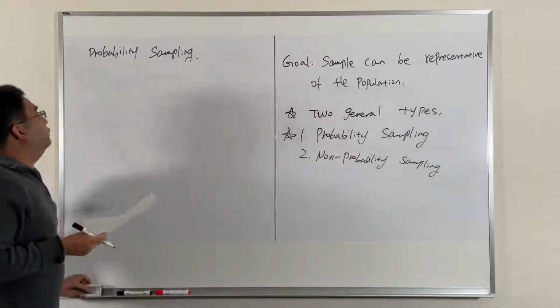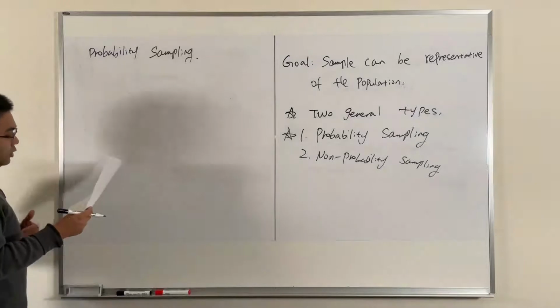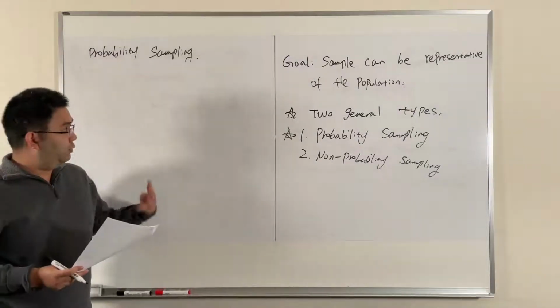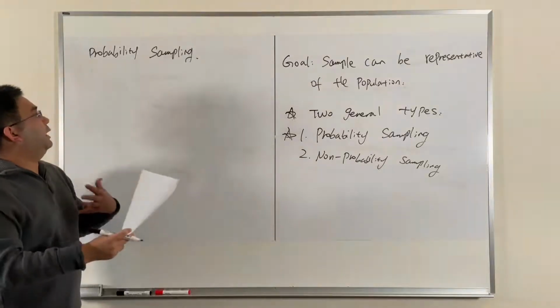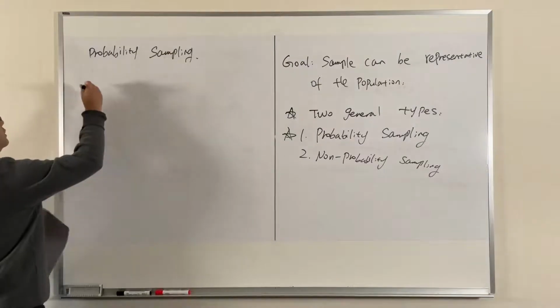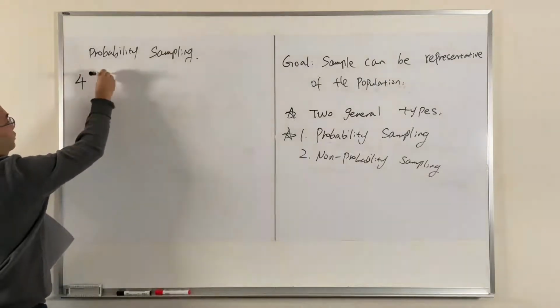Okay, so for probability sampling, there are 4 features, right? You need to satisfy these four features to have a probability sampling approach.